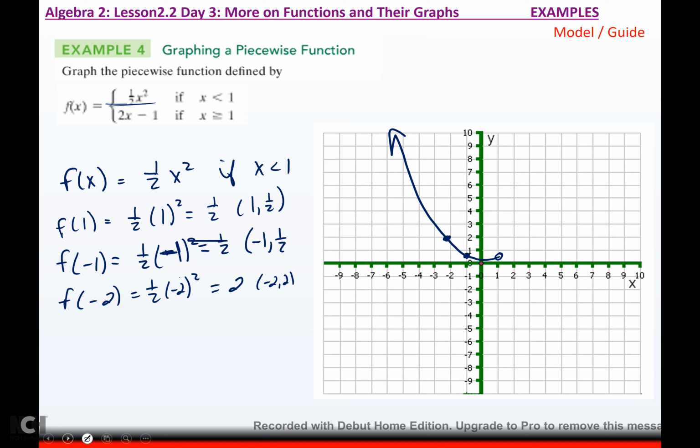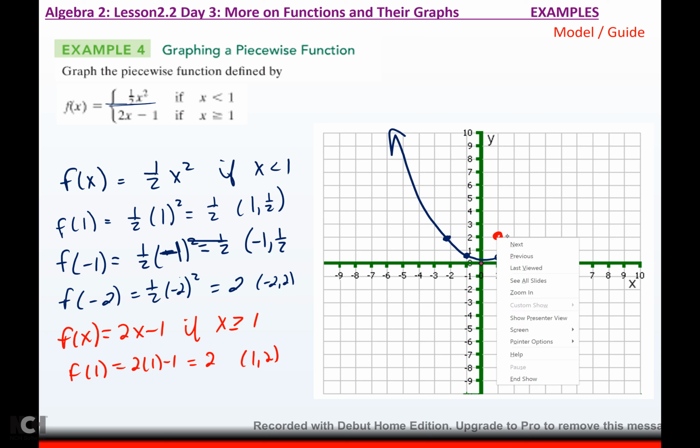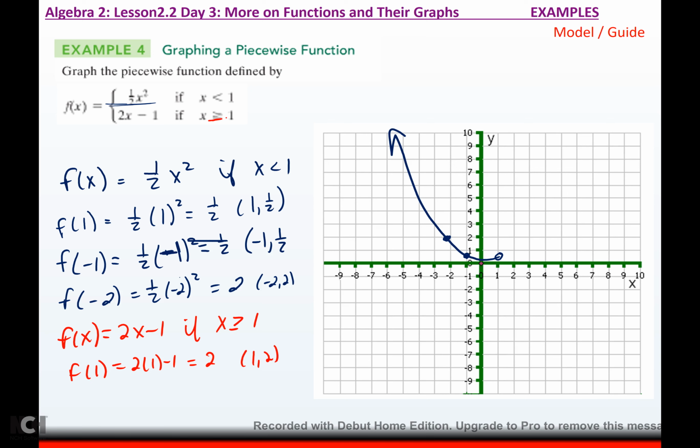Alright, so now to graph the 2x minus 1, which is a line. To graph f of x equals 2x minus 1 if x is greater than or equal to 1, we pick 1 first. 2 times 1 minus 1 would be 2 minus 1 is 1. 1, 1. That one's going to be filled in because of the bar.